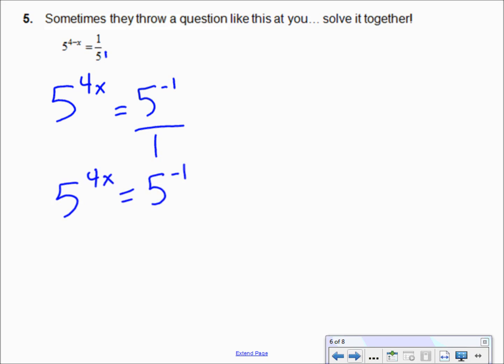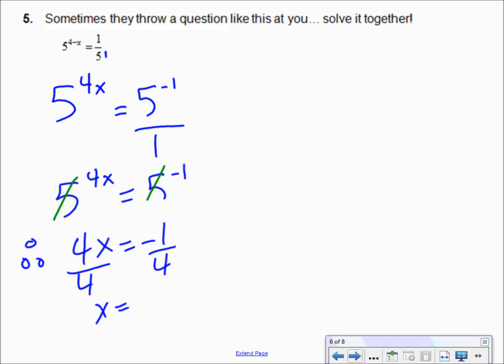Are my bases the same? Yep. So because my bases are the same, I can drop them and set my exponents equal. I want to get x by itself, so I'm just going to divide both sides by 4.